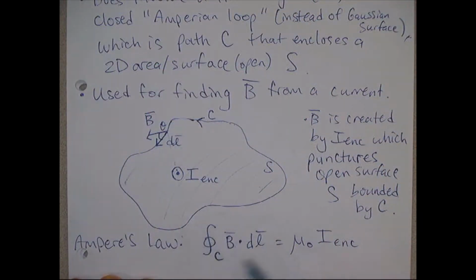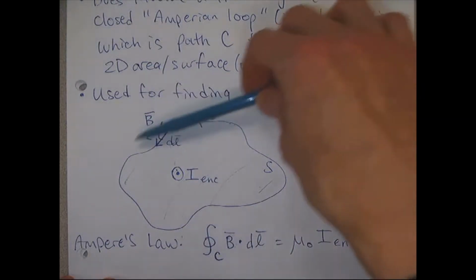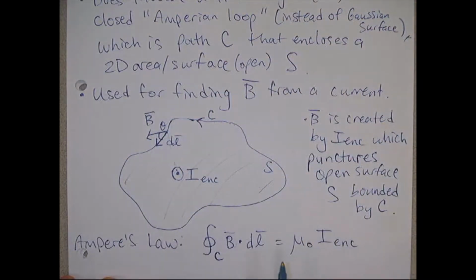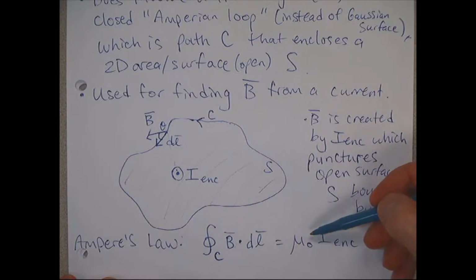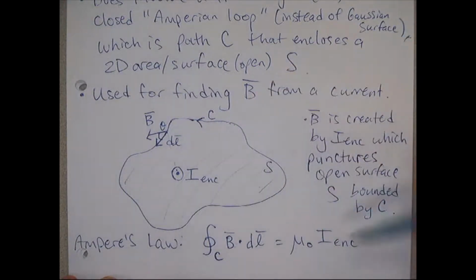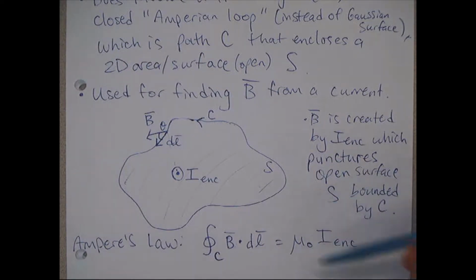If we perform this dot product, add up all of the resulting B dot dl's around the loop, it will equal mu naught, the permeability of free space, times the enclosed current. And that will be net enclosed current.